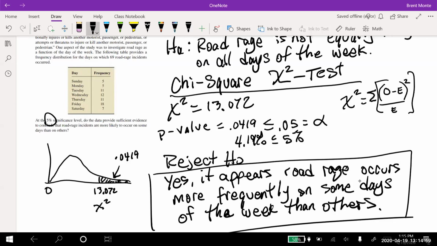Okay, so anyway, we're going to do those tests. You can see I already have the numbers there because I've already computed this. But what I'm going to do is show you how I computed that. So what I'm doing is taking a picture of the day and the frequency. And then we're going to go into StatCrunch. I'm going to show you how to use StatCrunch to do this.